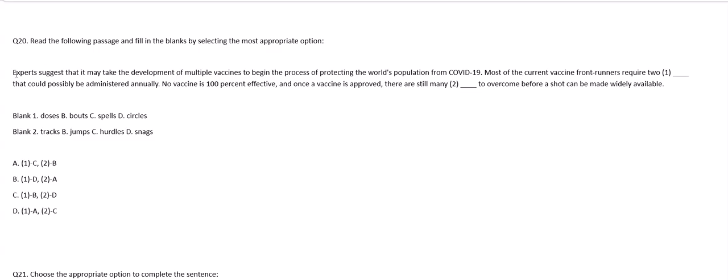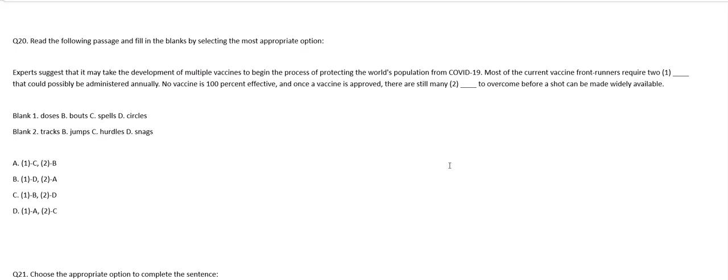Experts suggest that it may take the development of multiple vaccines to begin the process of protecting the world's population from COVID-19. Most of the current vaccine front runners require two dash that could possibly be administered manually. No vaccine is 100% effective. And once a vaccine is approved, there are still many dash to overcome before a shot can be made widely available.